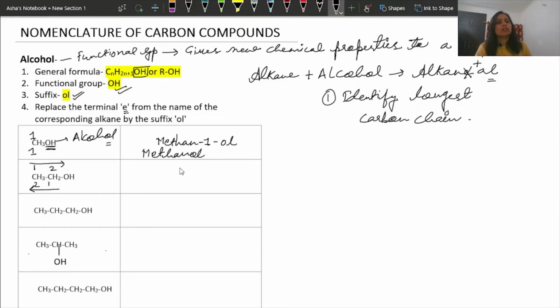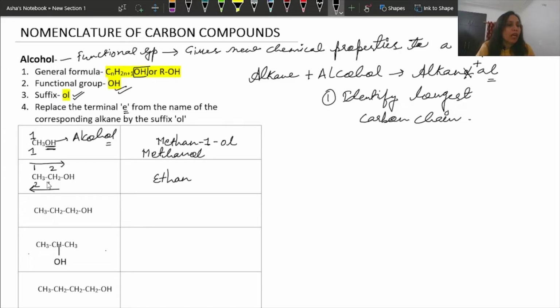So in all, this chain is having 2 carbons, and the root word for that is eth. So it is an alkane, so we will again write AN, but we will not write E, because instead of E we will have to attach the suffix OL, because it is an alcohol containing compound.